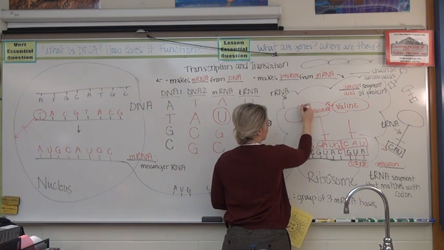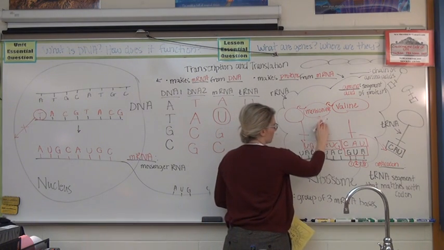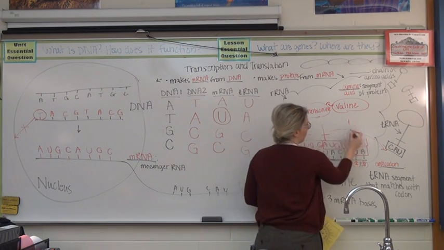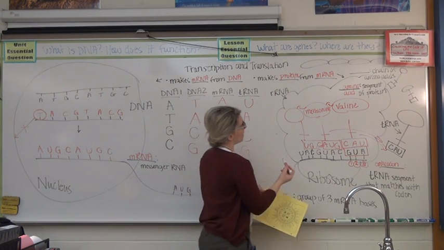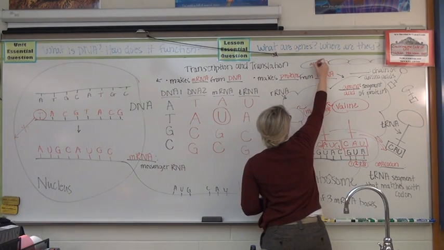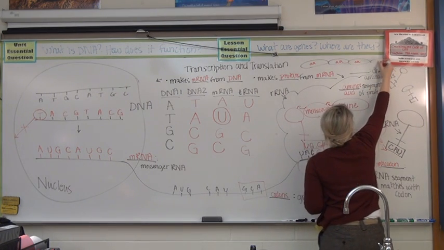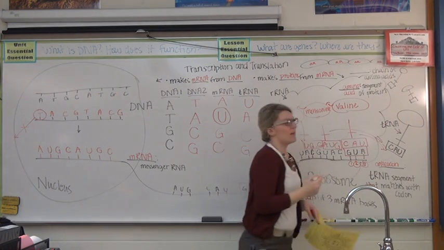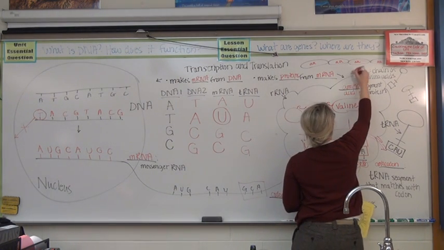And so now this amino acid and this amino acid are going to connect. This one isn't going to be needed anymore, and so that one will be pushed out. And eventually what's going to happen is we're going to have a chain of amino acids that's going to be released. That chain of amino acids is the protein.